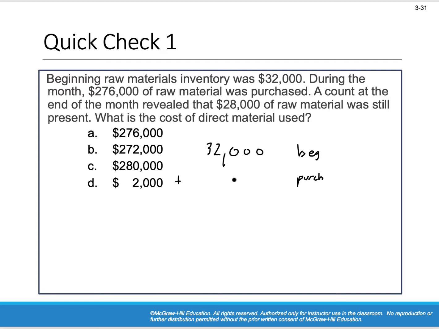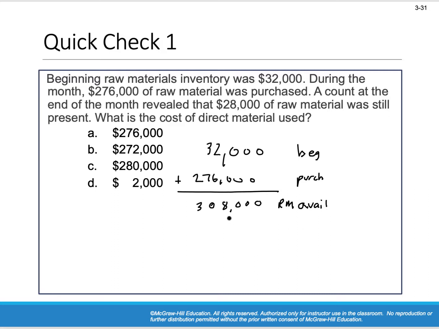I'm just going to put for purchases, right? That is $276,000. When I add these two, I have $308,000, and this is the raw materials that's available to use.